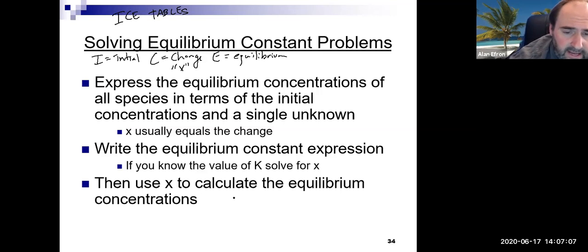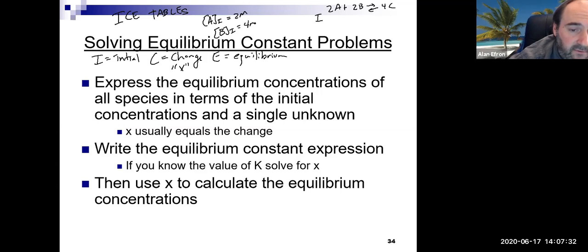So let's say we had, I'll do it up here, let's say we had this equation. And let's say initially we were told that we started with an initial concentration of 2 molar for A, an initial concentration of 4 molar for B, whatever it may be.